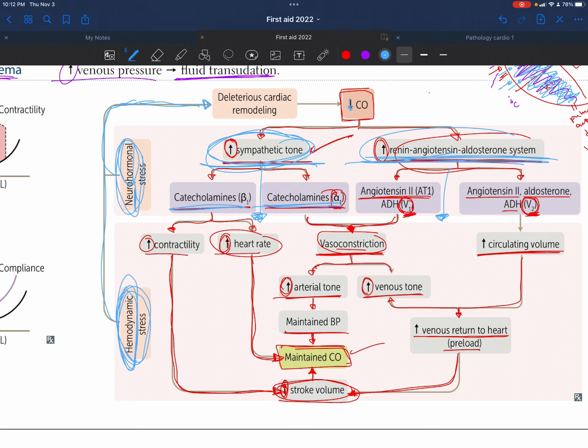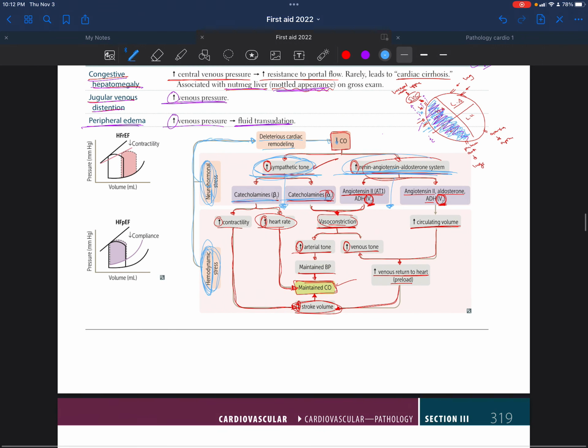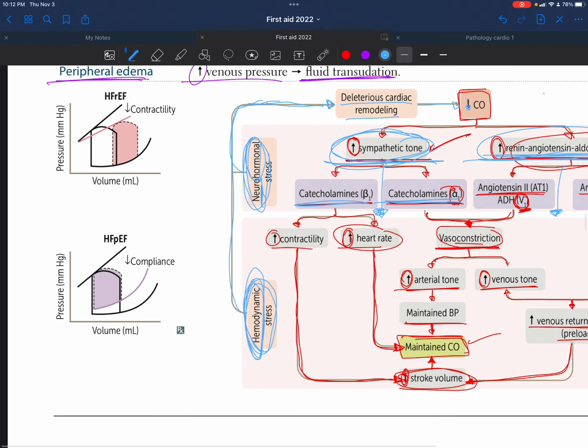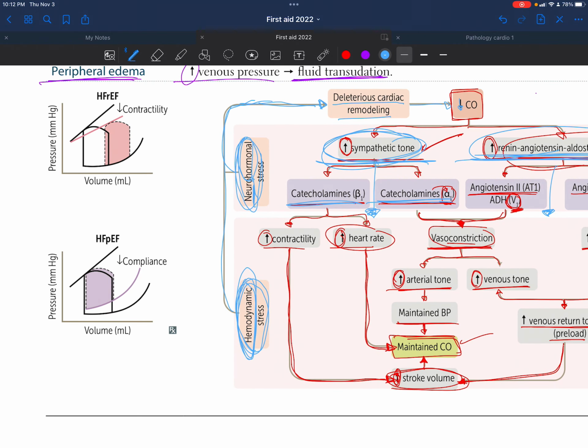All of these neurohormonal stresses and hemodynamic stresses will end up as deleterious cardiac remodeling, also aiding and helping in the decrease of cardiac output. So it's just a non-stop circle. Each one of those causes the other, and the circle keeps on going. That's why we need medications, in order to help this patient or at least slow down this process.